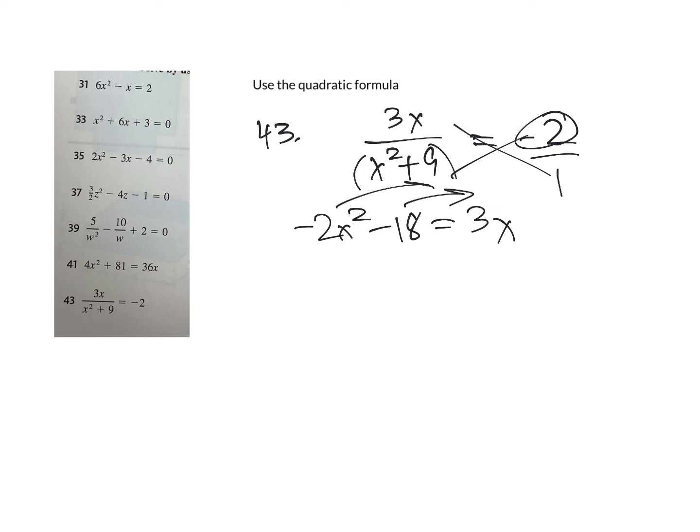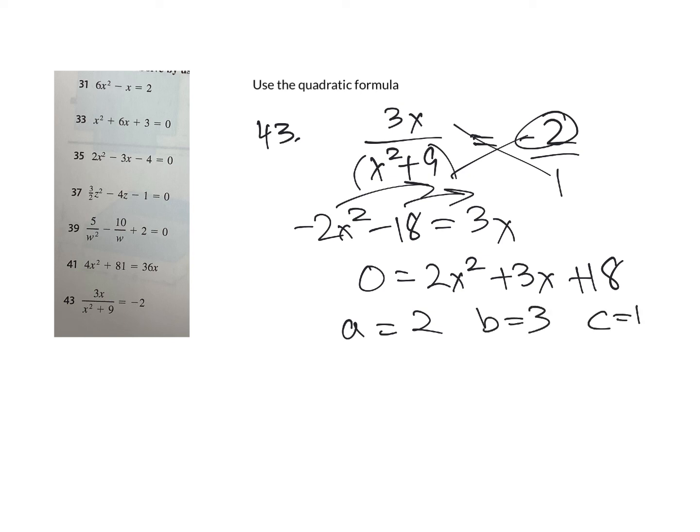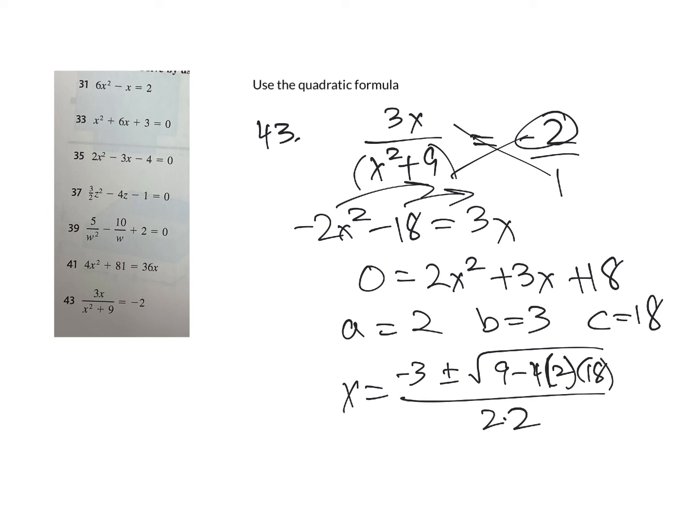Let's move everything to the right side. 0 equals positive 2x squared plus 3x plus 18. And now you can do your quadratic formula. A equals 2, b equals 3, c equals 18. X equals negative b plus or minus square root of b squared minus 4 times a times c, all over 2 times a.